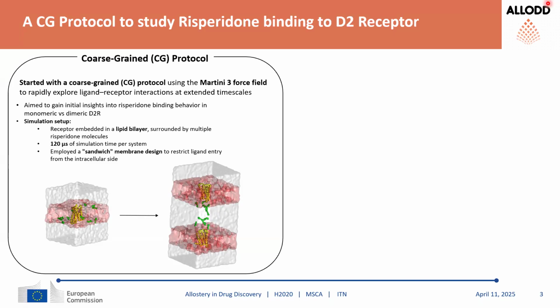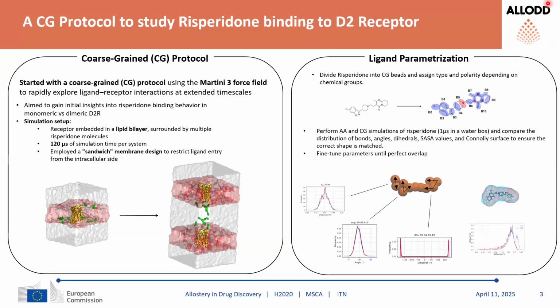Since you are using coarse grain, you can go up to hundreds of microseconds or also milliseconds, and you try to characterize your system. And since you have multiple ligands, binding is also much more probable.